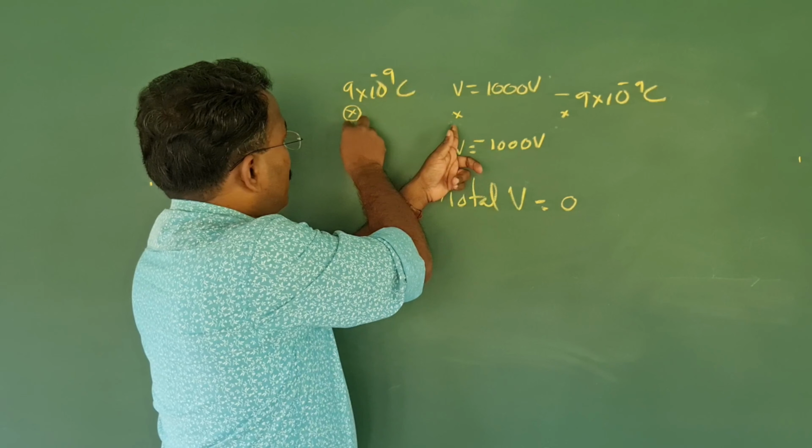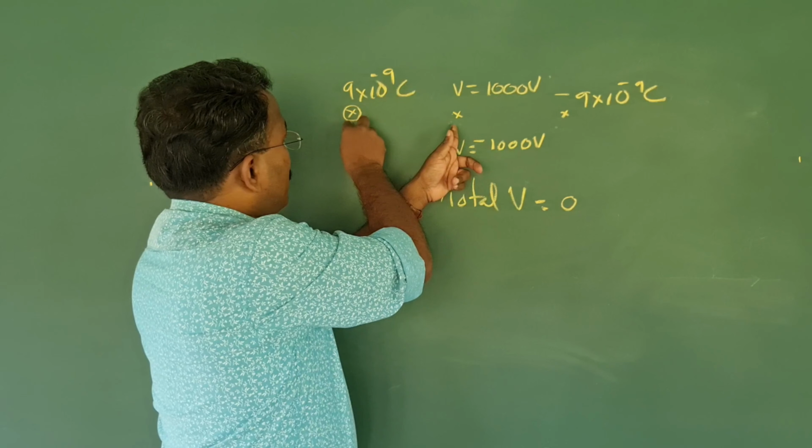Okay, you just imagine this. If you have a charge here, I draw the charge here. At this distance, say 9 centimeter here, you have this much potential. Can you guess one more point with the same potential in its neighborhood?